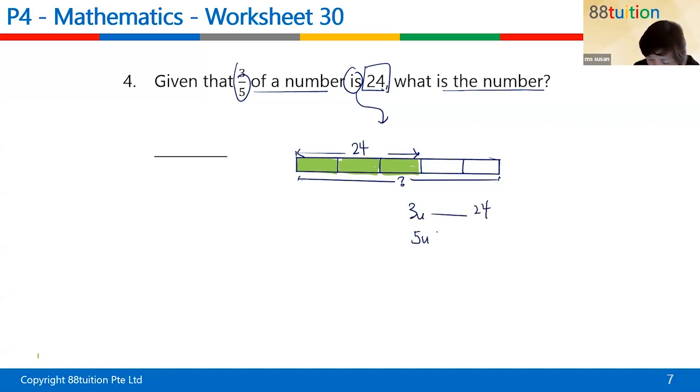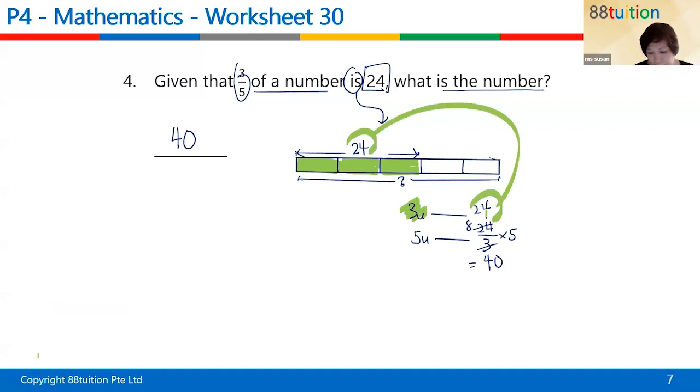How to find 5 units? 24 overhead bridge divided by 3 times 5, and you should get 40. Okay, so the whole number will be 40. So far, okay, the 3 units is meant for this part here. Let me use the highlighter here. 3 units. And where's the 24? Here. This is the one. This is also the 24. Okay?